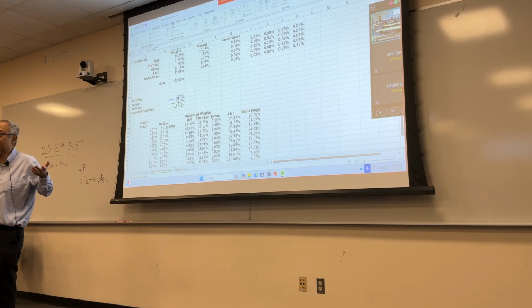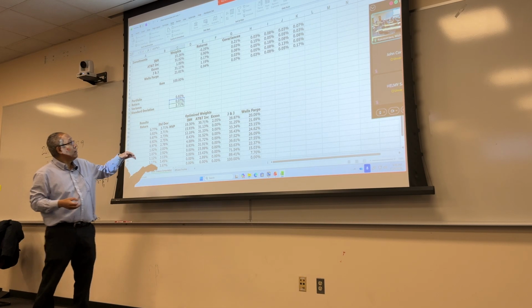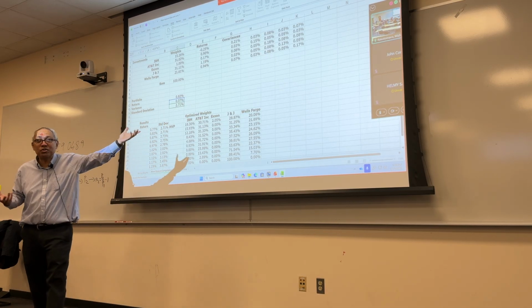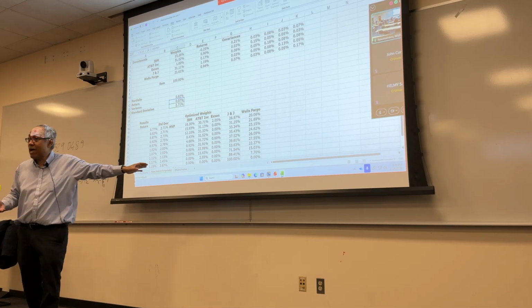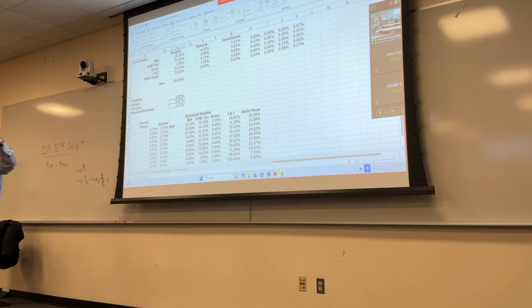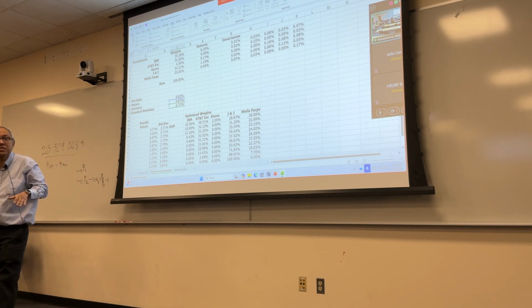In this case, we want to minimize variance. And variance has squared weights in the expression. The whole idea is to find the weights that minimize variance, but subject to a few constraints, right?